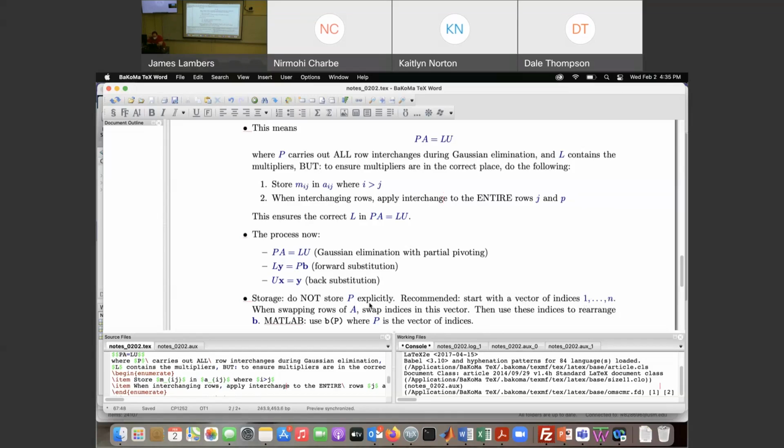Then whenever you need to swap rows of A, you also swap two elements of this vector. Then you can use this vector as indices into a matrix to scramble the rows. So for example, suppose you have a right-hand side vector B. If P is a vector of scrambled indices that range from 1 to n, then B of P gives you a rearranged vector.